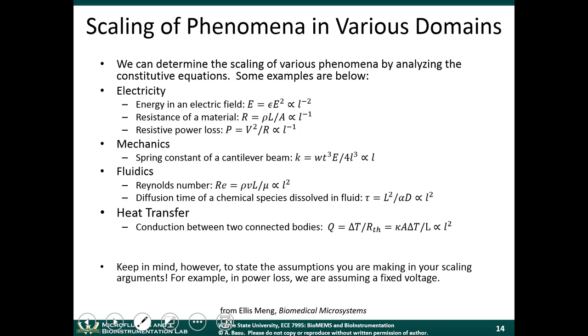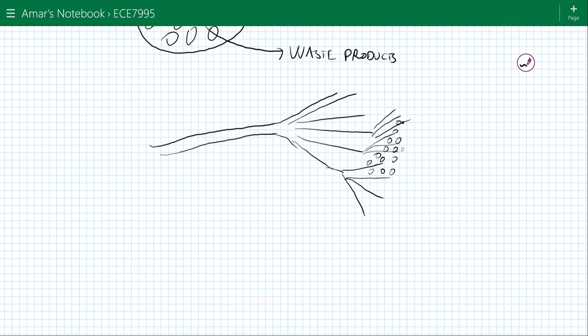So as we scale down to microscale, let's say you're balancing an object at the tip of a beam, like a diving board, and you have an object here.